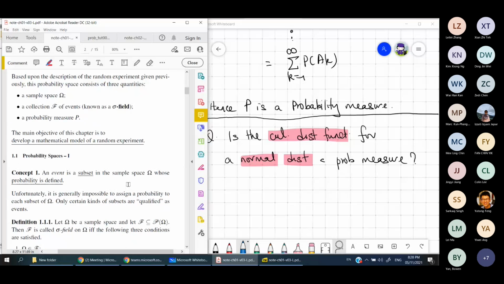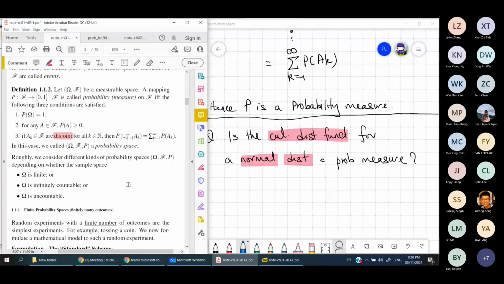Where are my definitions? Right. First of all, this fella must be a function with domain F. Now I'll ask you a question. What is the domain of a cumulative distribution function?